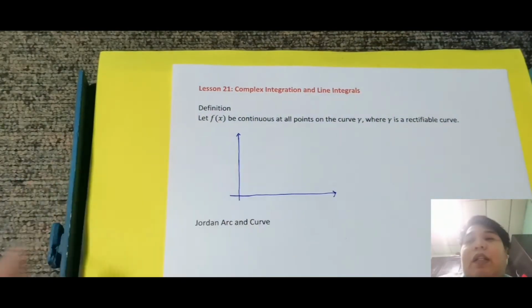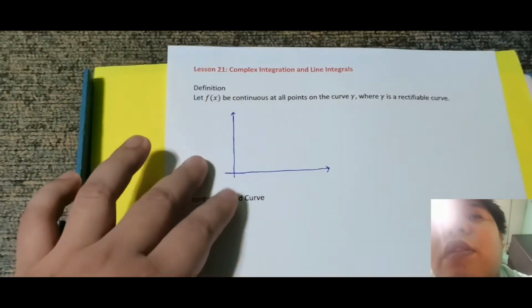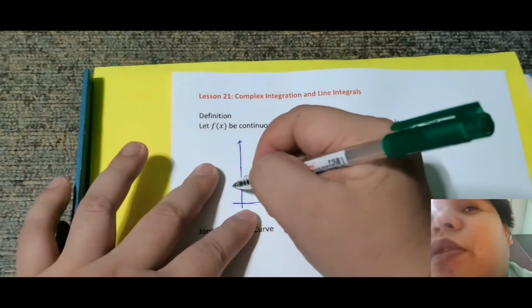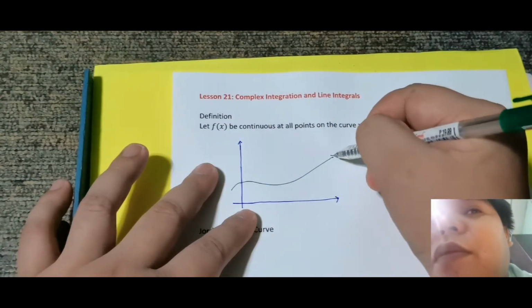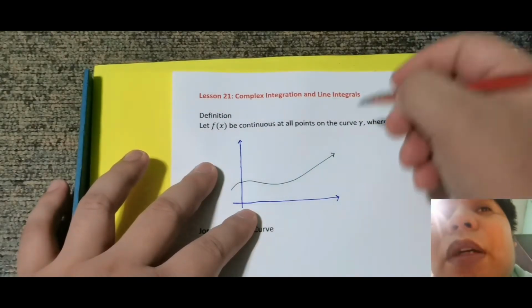Ang gagawin ni sir, i-create ako dito ng complex curve. For example, gagawa ko dito ng curve, let's say ganyan. Siya ay pangalan nating gamma.